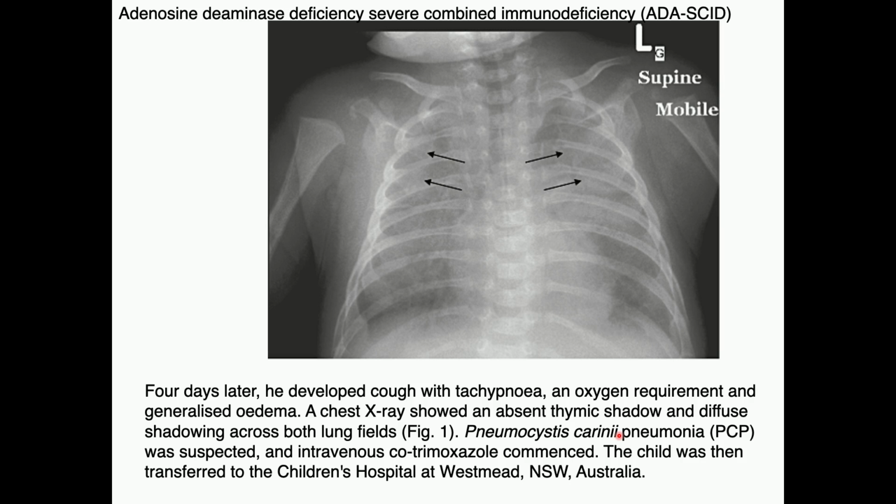Okay, so what's our picture? We've got a child with below normal levels of lymphocytes with pneumonia that is caused by an organism that only causes pneumonia in people that are severely immunocompromised.